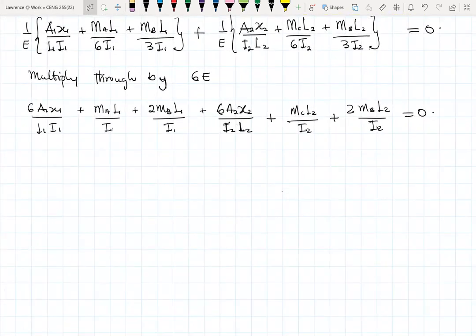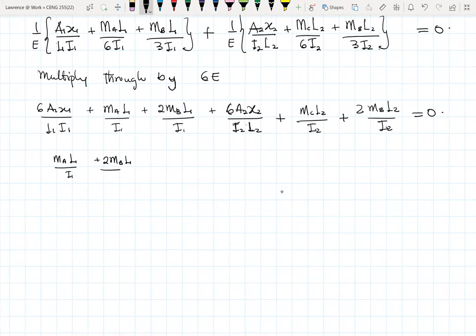Okay, great. So we have this now. We can simplify it a bit further. I'll end up with MA L1 over I1, then 2MB L1 over I1 plus 2MB L2 over I2 plus MC L2 over I2.